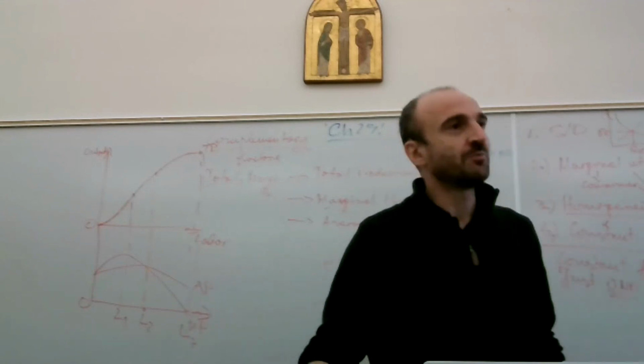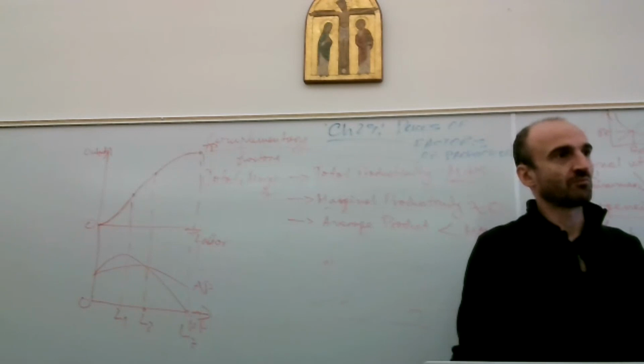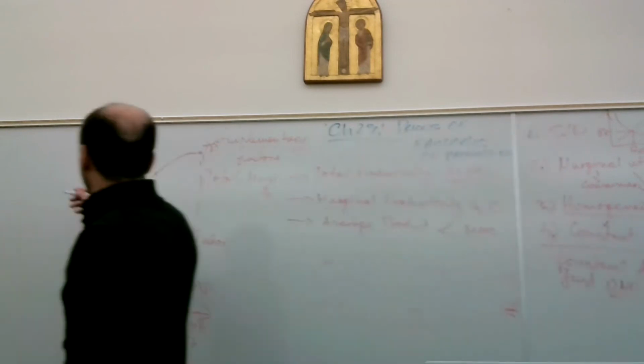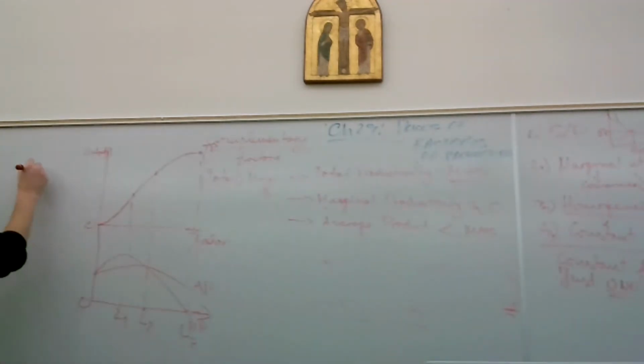So if you hire 10 people, your marginal productivity is, let's say, $1,000. And if you hire the 12th person, your increment in revenue will be $100. So what is the productivity of the marginal unit, the 12th unit? $900.